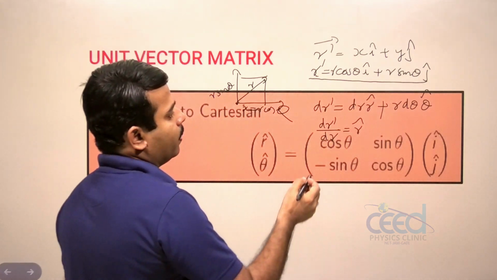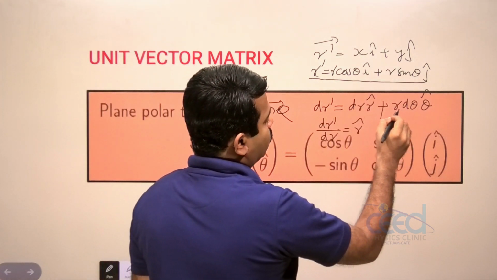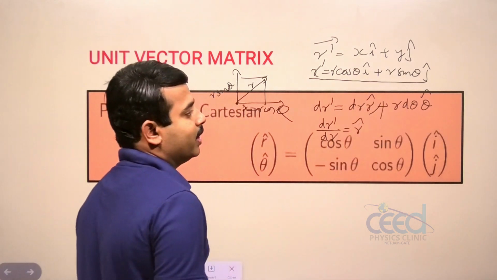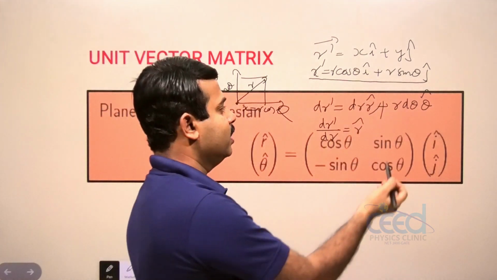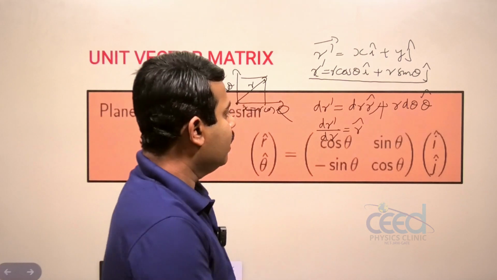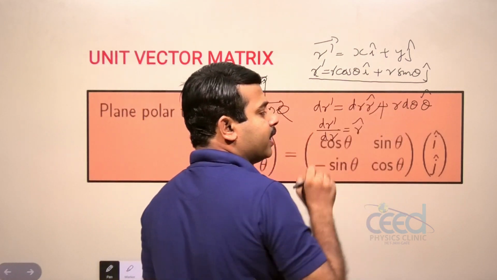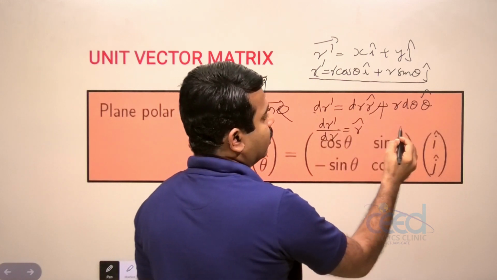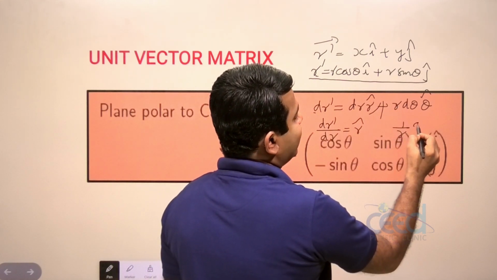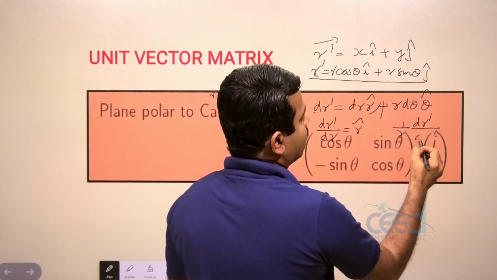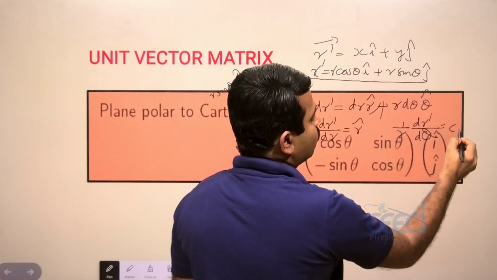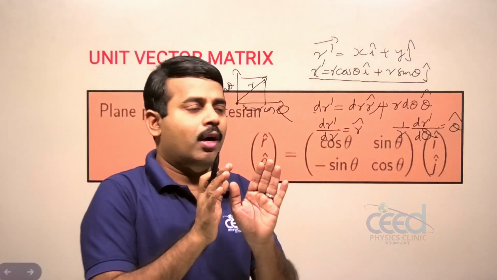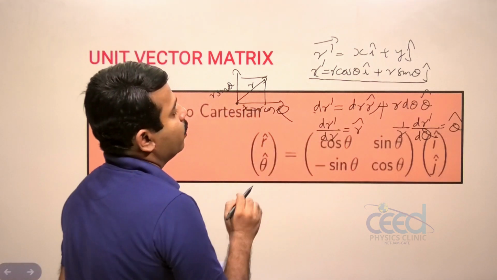Here, with respect to dr, only r cap varies; the other component varies with theta. Now to find theta cap, what do I do? I have to bring this r here: 1 by r, dr dash by d theta is equal to theta cap. Now how do you calculate dr dash by dr?